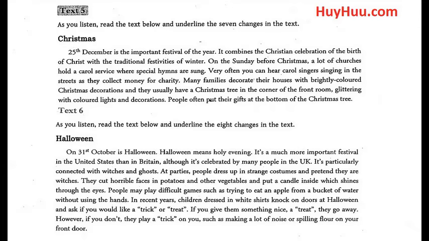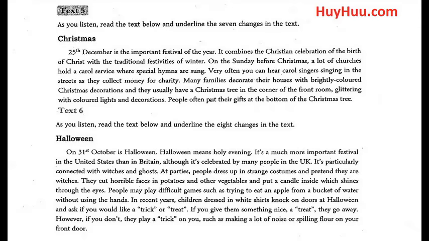Halloween. On the 31st of October is Halloween. Halloween means Holy Evening. It's a more important festival in the United States than in Britain. Although it's celebrated by many people in the UK, it's particularly connected with ghosts.